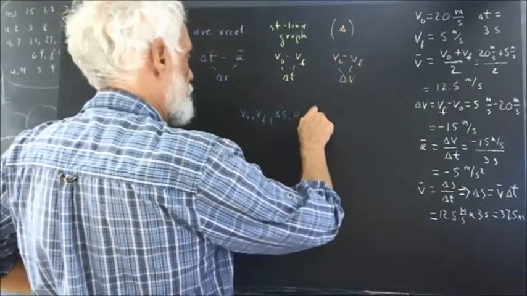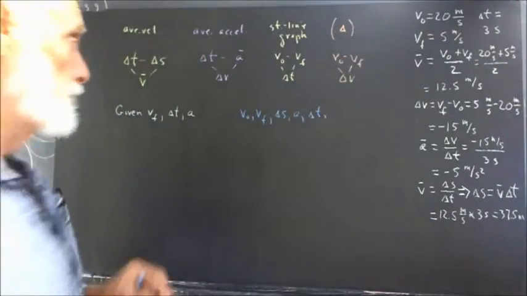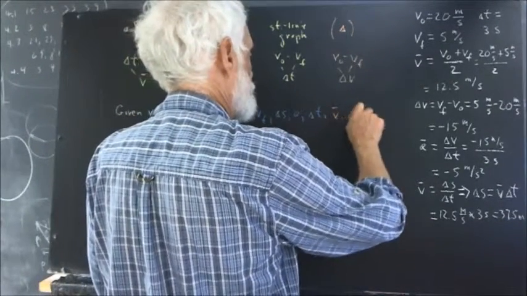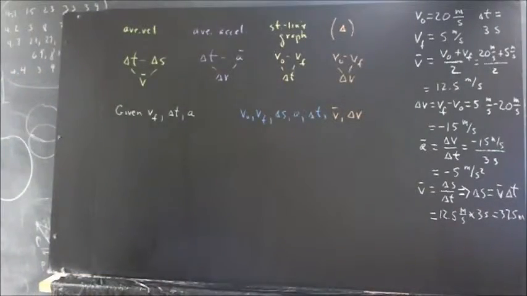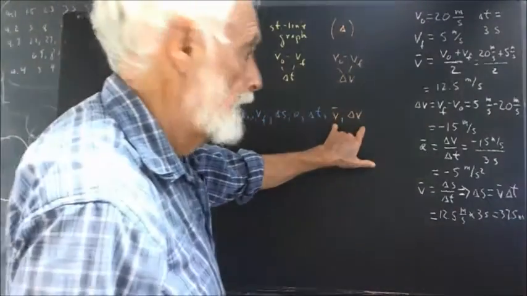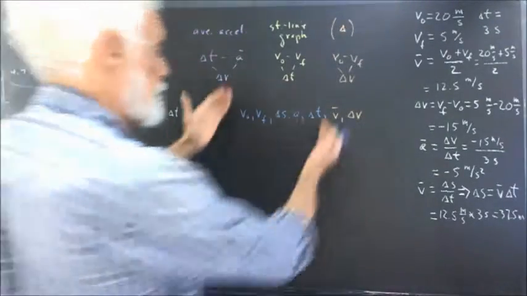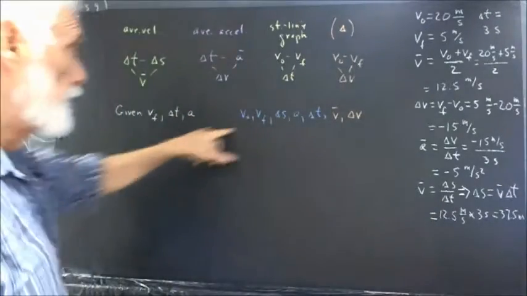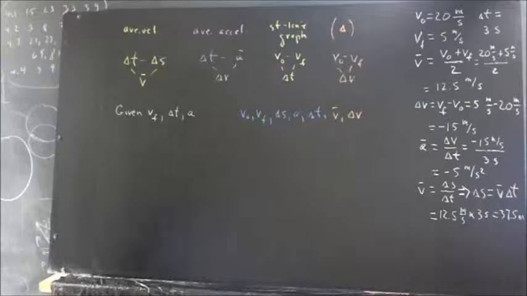And to be consistent, I'm going to list V bar and delta V in a different color to indicate that they're ancillary quantities that we need to reason things out. But we have our five basic kinematic quantities here listed in blue. Okay, so what is our conclusion?